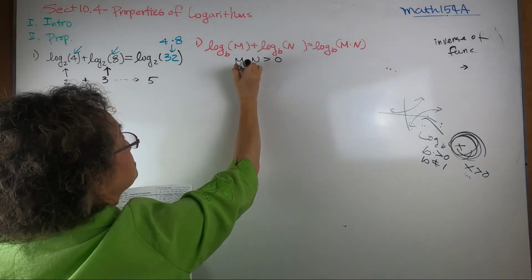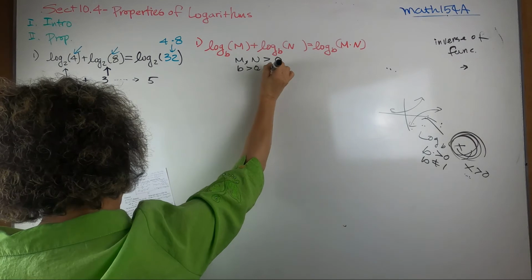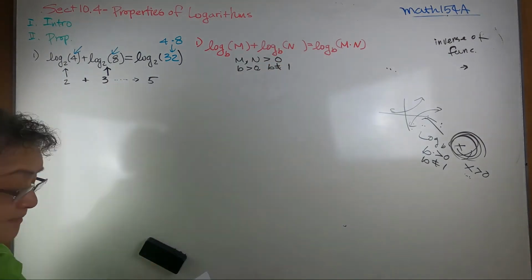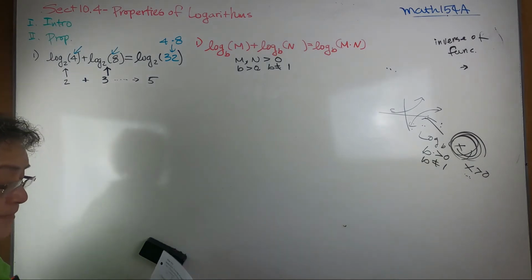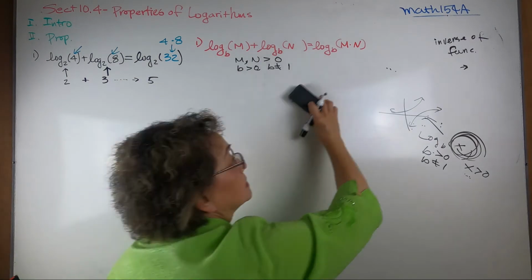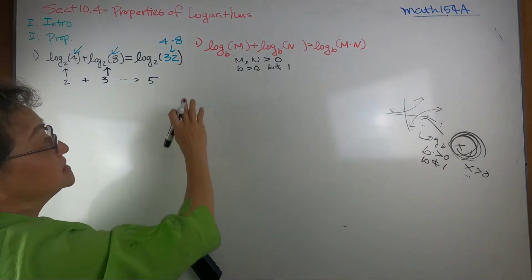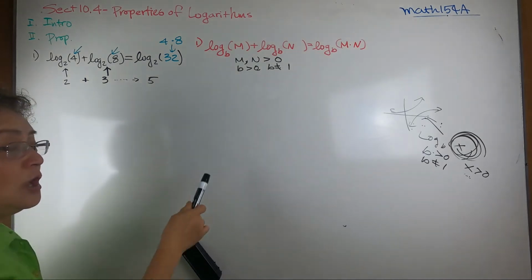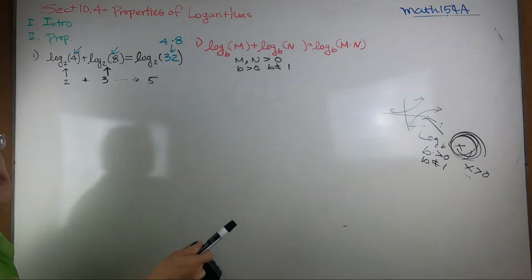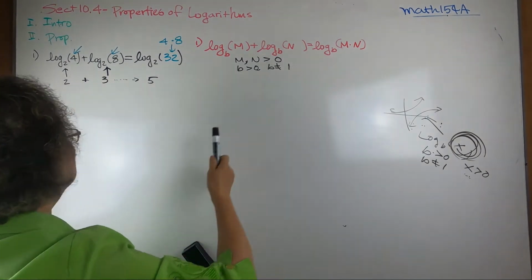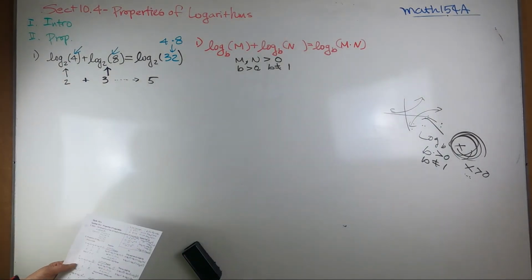Our base has to be bigger than 0, and with the base, don't use 1. Is that right? So that's the first property. When you add two logs with the same base to make one log, you multiply inside.